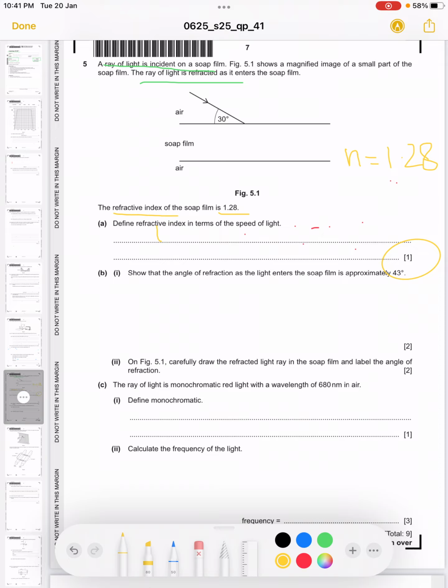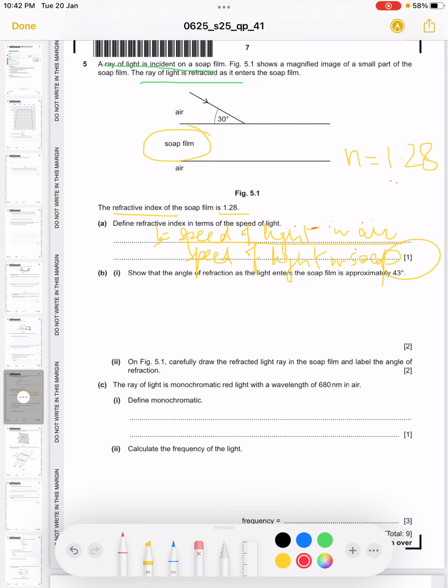We know that the refractive index equals speed of light in air divided by speed of light in the material. Here the medium is soap, so we write speed of light in soap film. Just write this formula and you will get the marks.